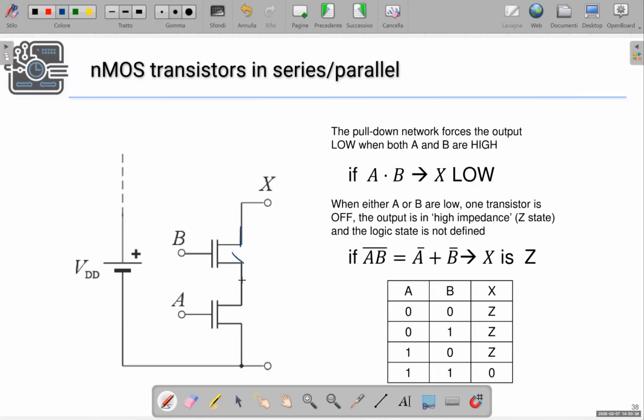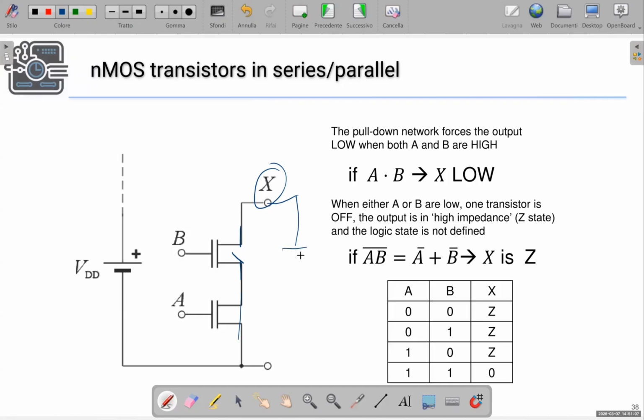what happens is that the output X is actually disconnected from the reference voltage. Since it is also not connected to the supply voltage, it is not connected to anything. It means that its voltage, its logical state, is not defined. From a physical point of view, it can be influenced by the external conditions.